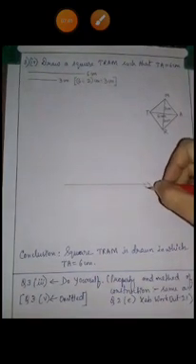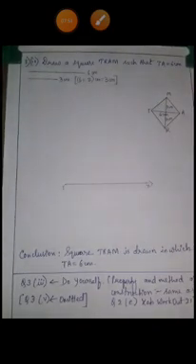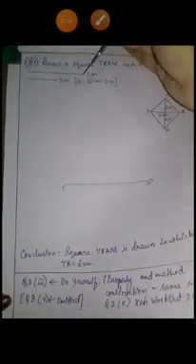You mark X over here, and at this point you mark T. Now you need to draw TA of 6 centimeter.